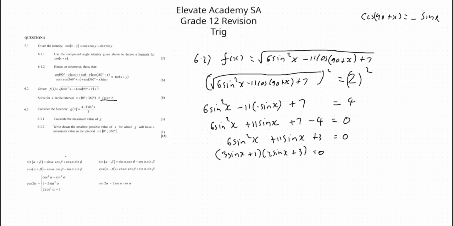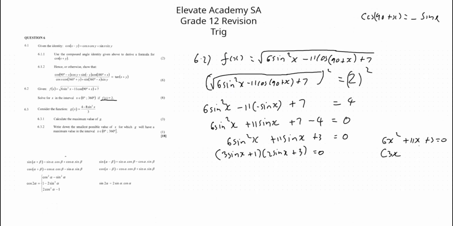If you are confused on how to factorize this, it's the same as factorizing a normal trinomial in algebra. In algebra, this would look like 6x squared plus 11x plus 3. It's just that the sine is there, so we don't treat it any differently. We just factorize this as if we wanted to factorize it in algebra.